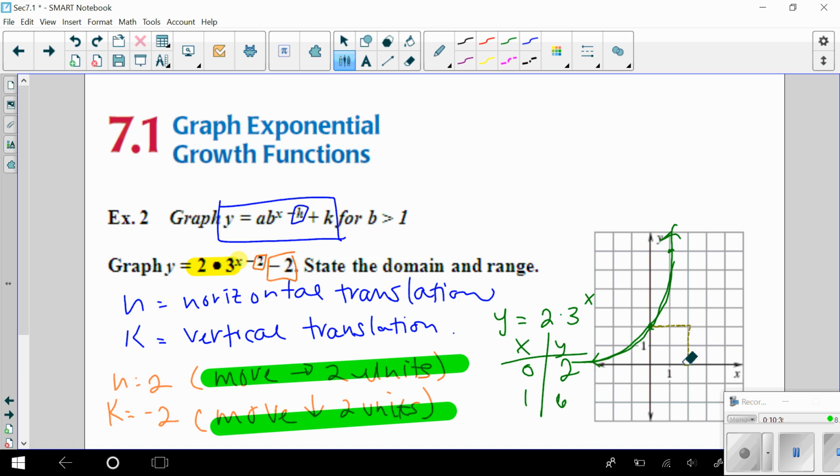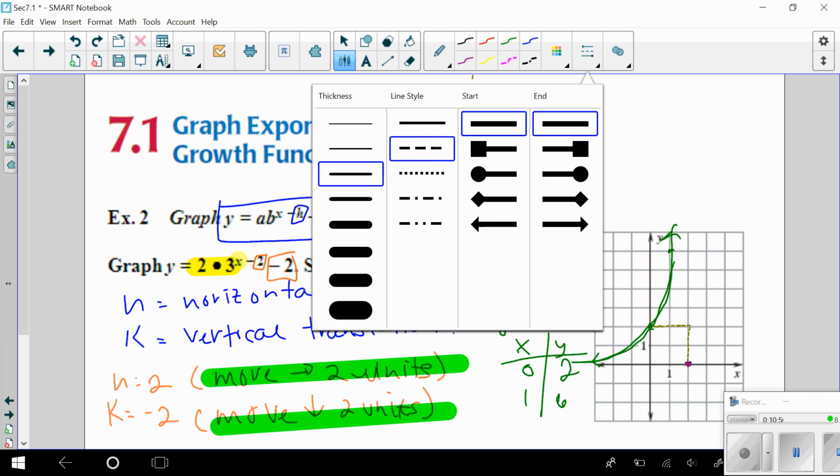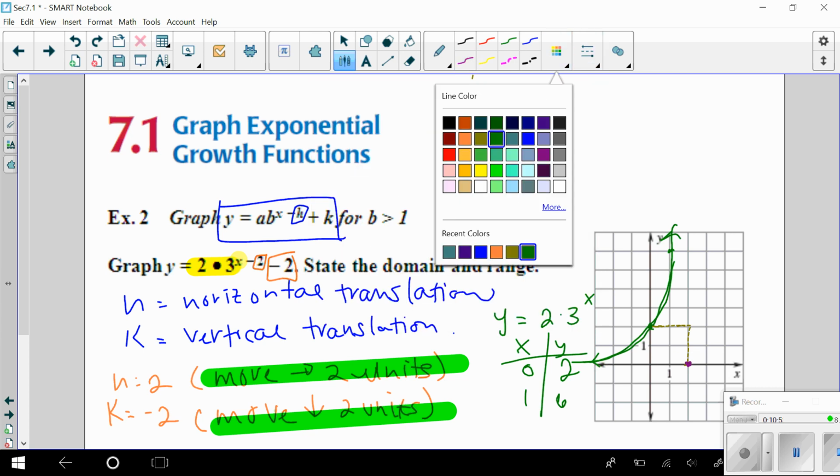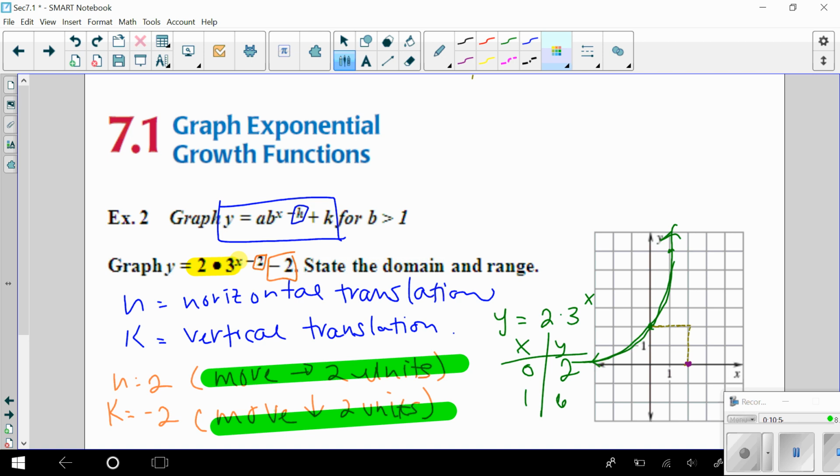So here's my new point. And then I'm going to do the same for my second point. We go to the right 2 units, and I'm going to go down 2 units.